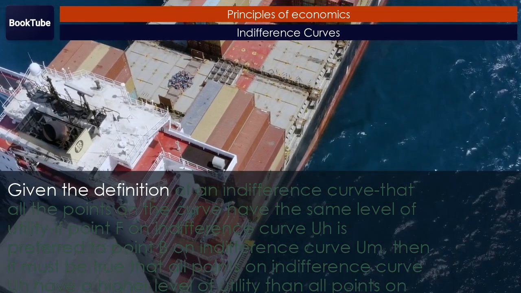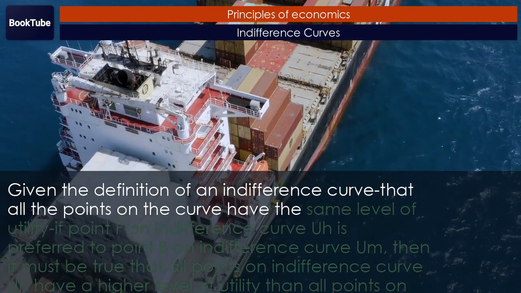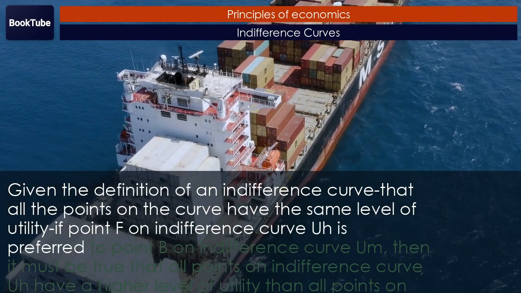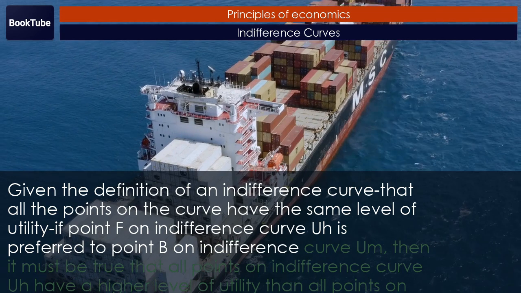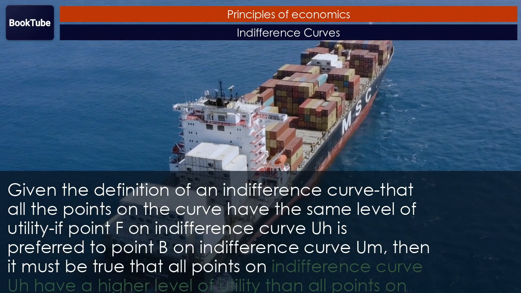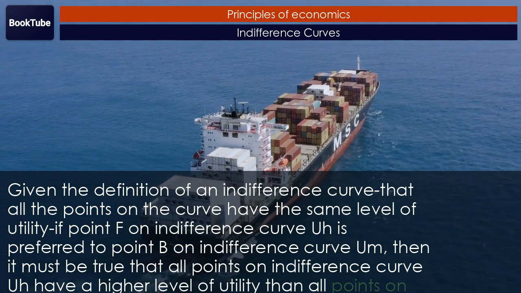Given the definition of an indifference curve that all the points on the curve have the same level of utility, if point F on the higher indifference curve is preferred to point B on the lower indifference curve, then it must be true that all points on the higher curve have a higher level of utility than all points on the lower one.